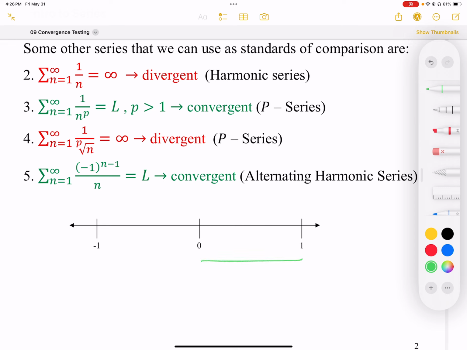The next term is negative. We subtract. We're going to add in 1/3, something like that. And we're going to add in 1/4 or subtract 1/4. We end up something like this.